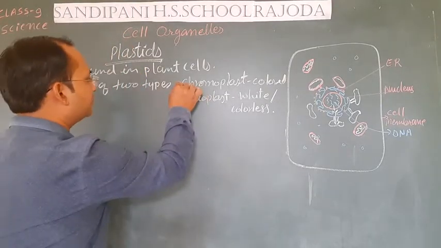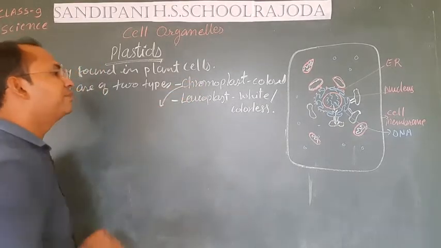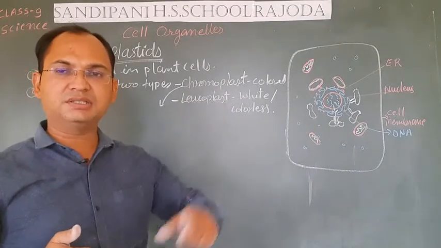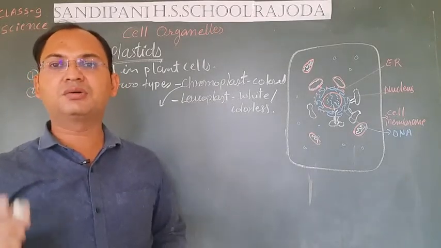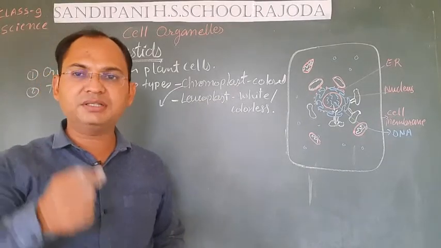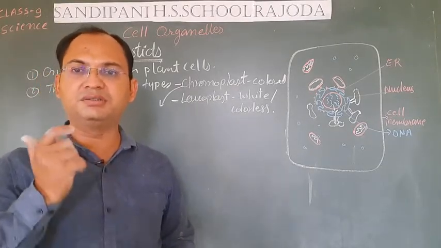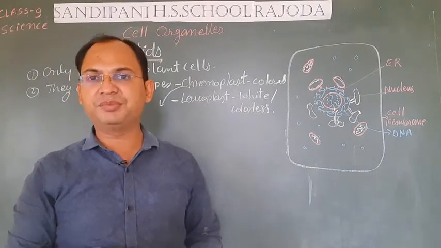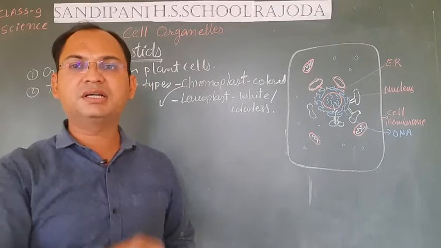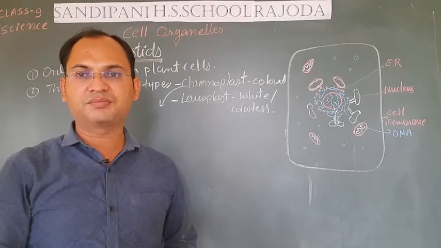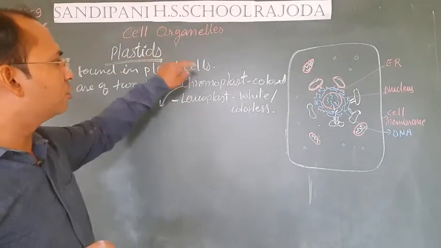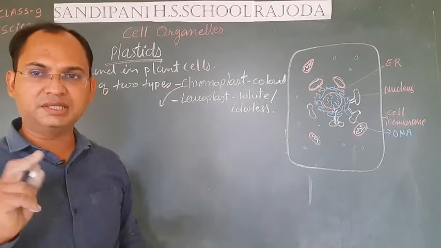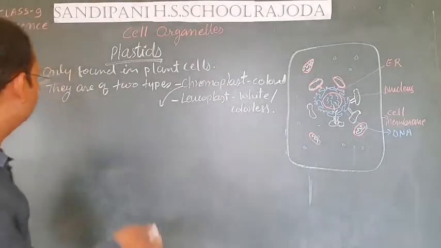When chromoplast contains green color pigment, it is known as chloroplast, and the green color pigment that is present inside the chloroplast is known as chlorophyll. Yes, you know that chlorophyll is the pigment which is responsible for the green color of the leaf of the plant. That chlorophyll is present in the special green chromoplast, which is known as chloroplast.